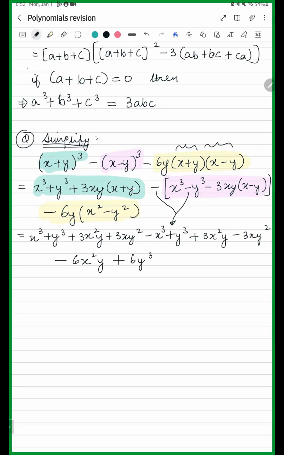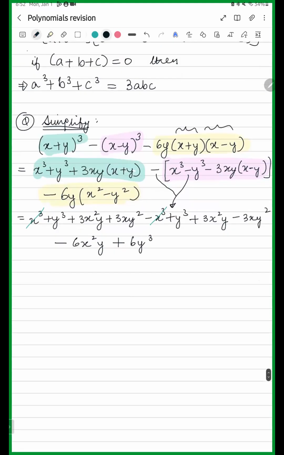So now let's pick up all the like terms. We have x cube minus x cube, which gets cancelled and is 0. Next we have y cube plus y cube, which is 2y cube. Next we have 3x square y plus 3x square y, which is 6x square y.